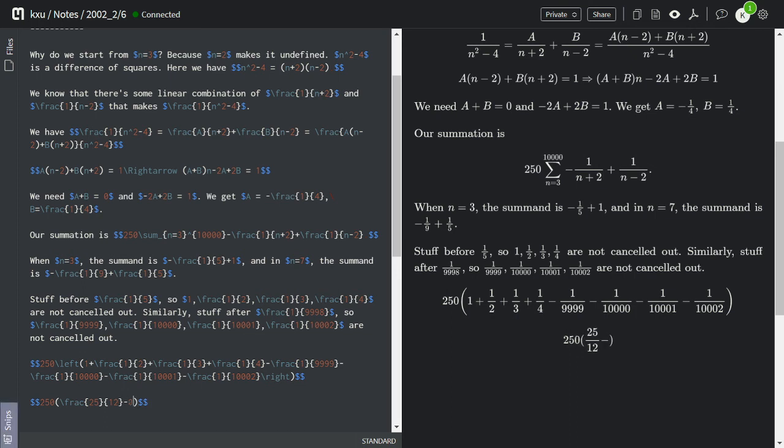What is 1/10,000? 1/10,000 is going to be this, so times 4 is that. And of course you can just check it pretty easily.